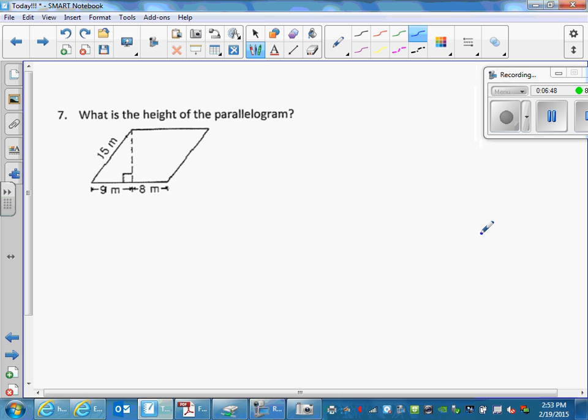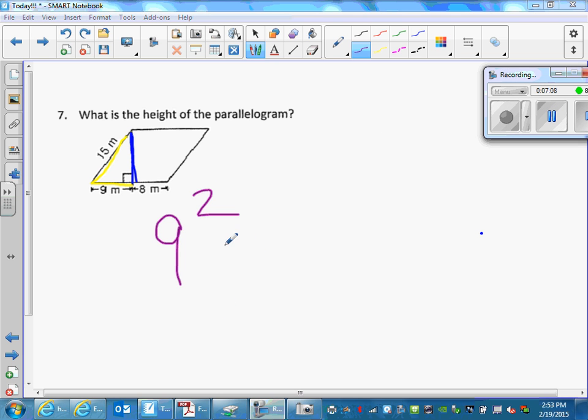All right, here is number 7. It wants to know the height of the parallelogram, so it wants to know this. Well, let's see what we do have. We have a right triangle here. I know that A is 9, and I know the C is 15, the diagonal. So I have A squared plus B squared, that's that blue part I'm looking for, equals C squared.